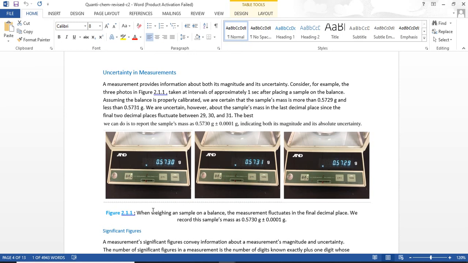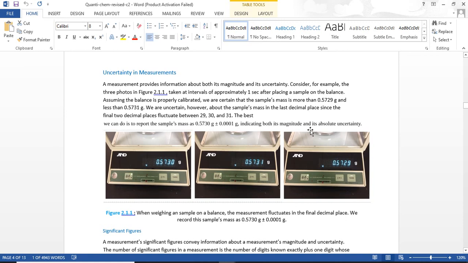The best we can do is to report that the sample mass is around the middle, which is 0.5730, positive or negative 0.001 grams, indicating both its magnitude and its absolute uncertainty.